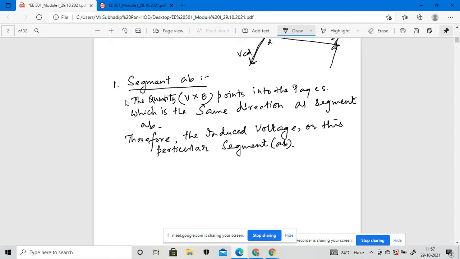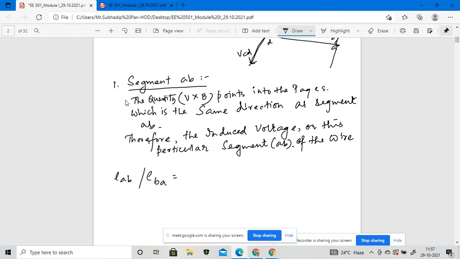So what will be my induced voltage for this segment AB? It will be E of BA, or we will consider E of AB, whatever it is.